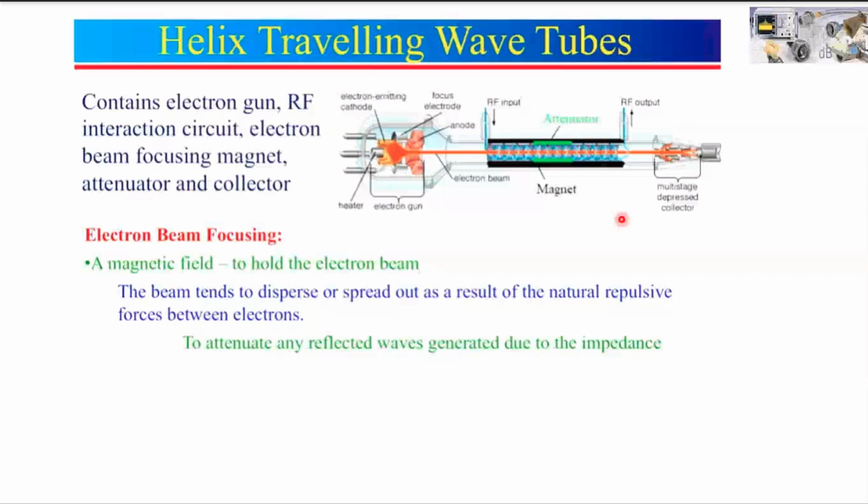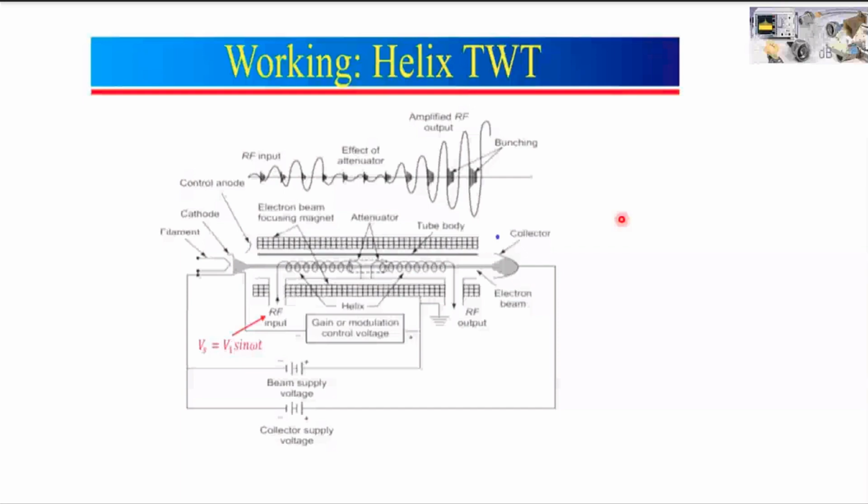Now let us see what is the working principle of your helix TWT. It's the same as we have seen in the previous reflex klystron and two cavity klystron. More or less the application and the principle are almost the same. This is the basic schematic of a helix traveling wave tube.